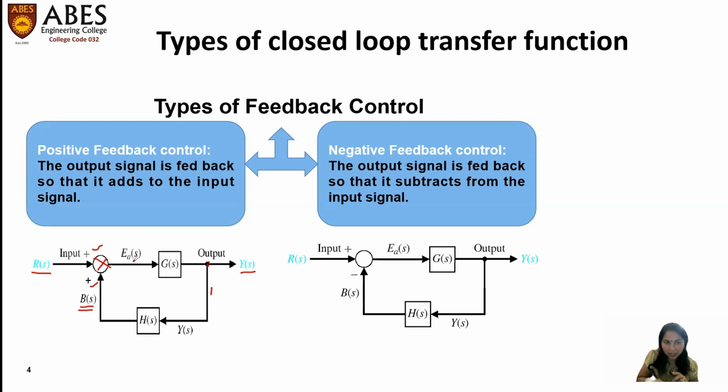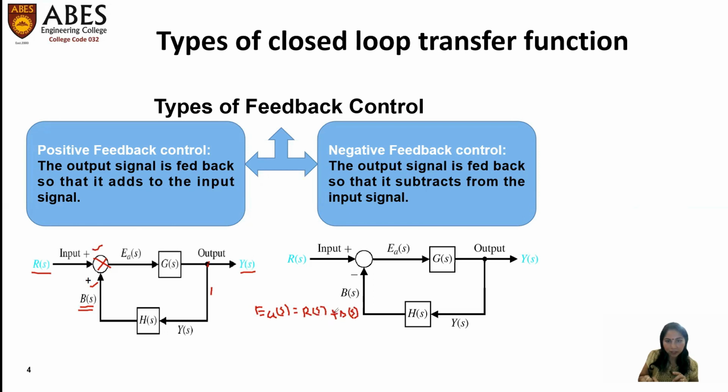This E(S) is called the error signal. This error signal will be generated as R(S) plus B(S), right? So E(S) will become R(S) plus B(S).